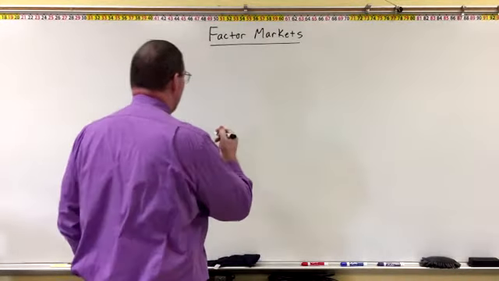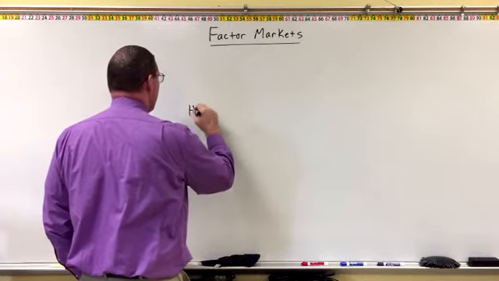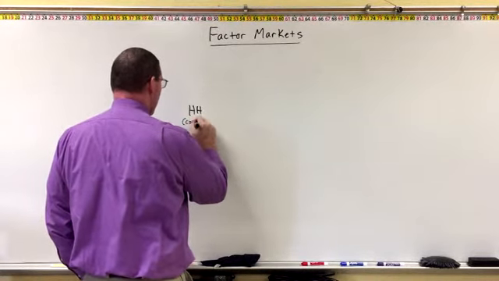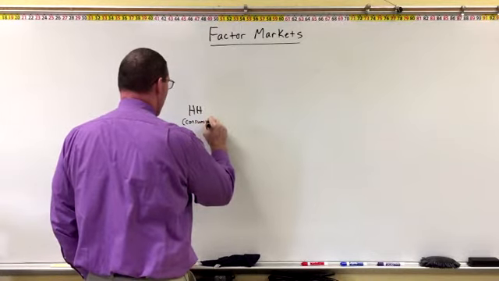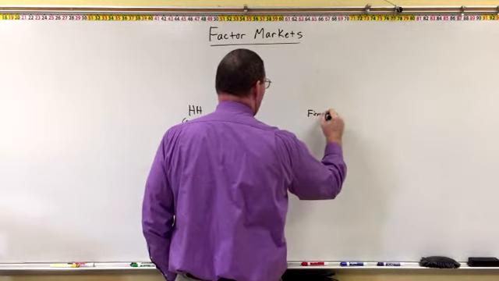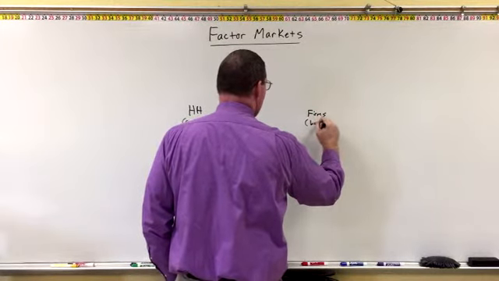Recall in the circular flow diagram that we have households over here, which are consumers basically, or individuals. And then over here on the other side we have firms, which are basically businesses, right?